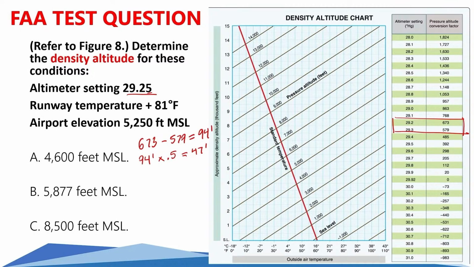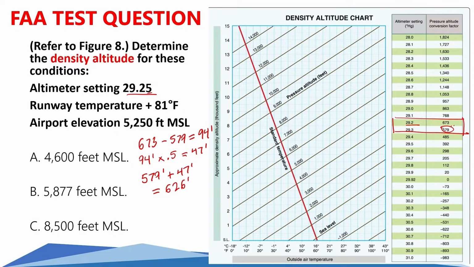And once again, you can do this one of 2 ways. I'm going to add it to 579 because we're going up, okay? So if I take 579 feet and I add 47 feet to that, that is going to give me 626 feet, which is going to be my conversion factor. And the reason why I'm doing it that way is, remember, the numbers are increasing. So 29.2 is 673 feet versus 29.3, which is a lower value of 579.